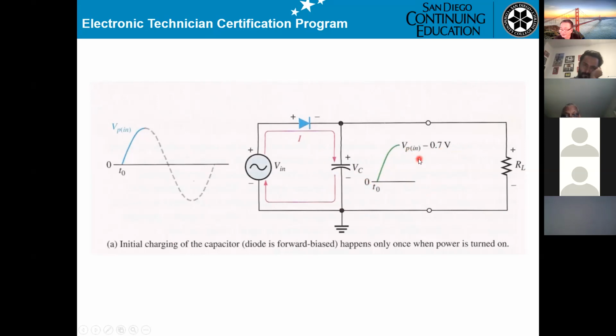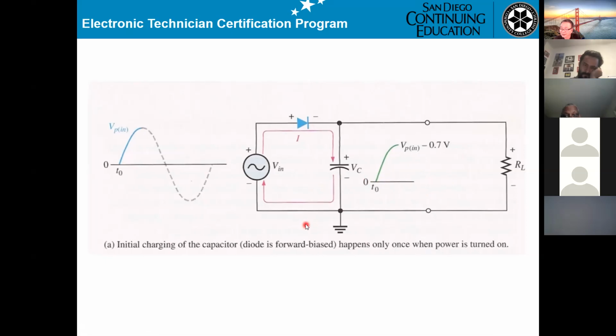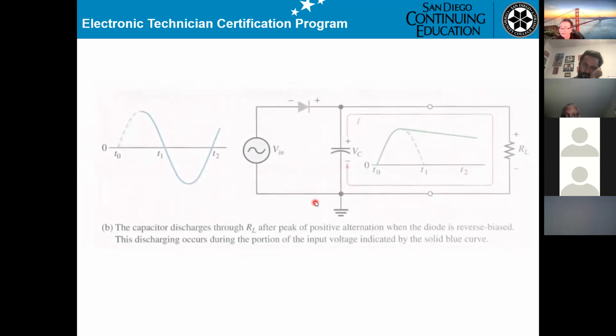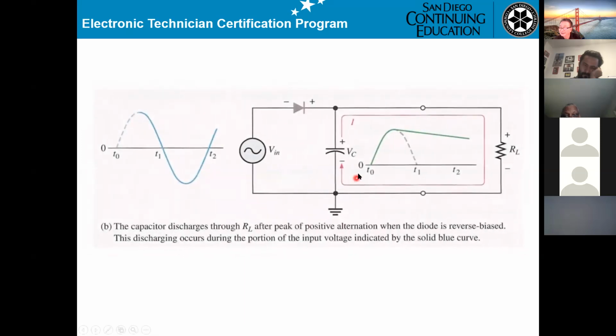That means charging. And you can see this part here, when they apply the negative voltage, the capacitor will be discharged. You can see it keeps going down.